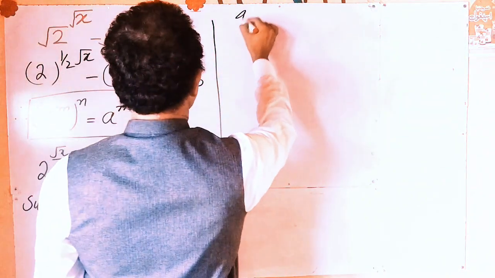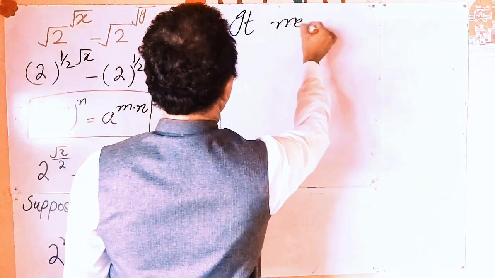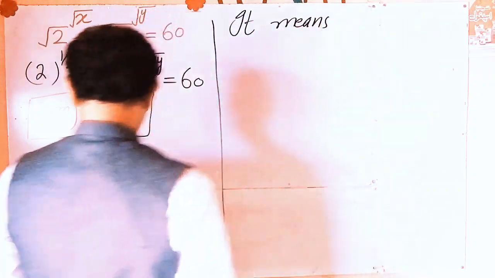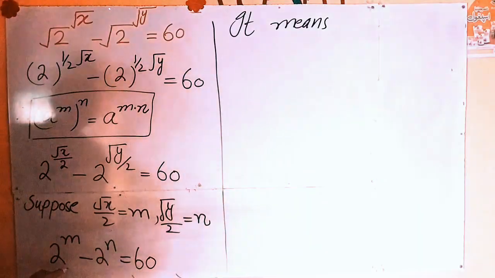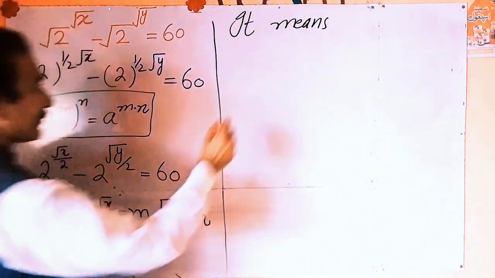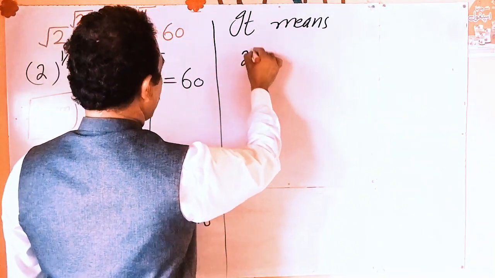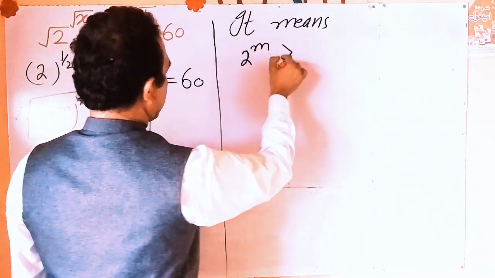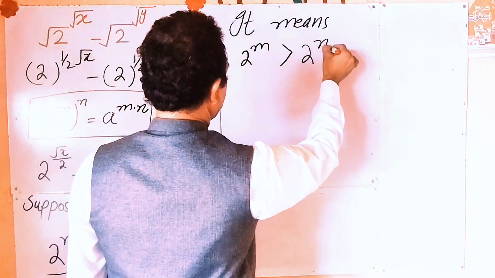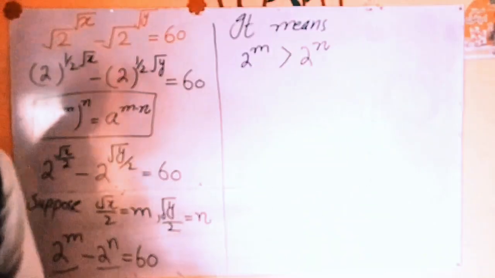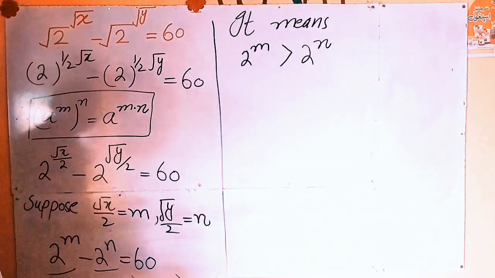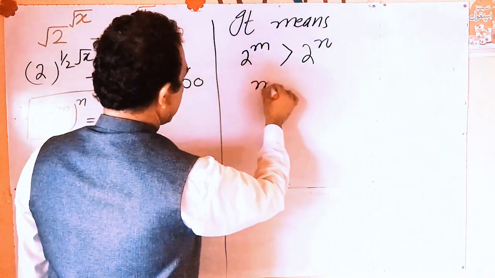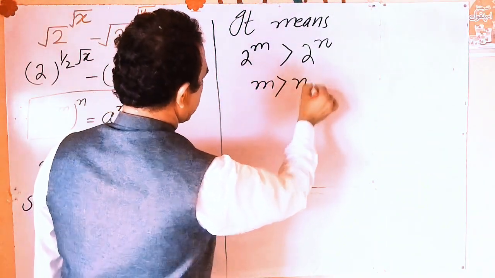It means 2 power m is greater than 2 power n, so m is greater than n.